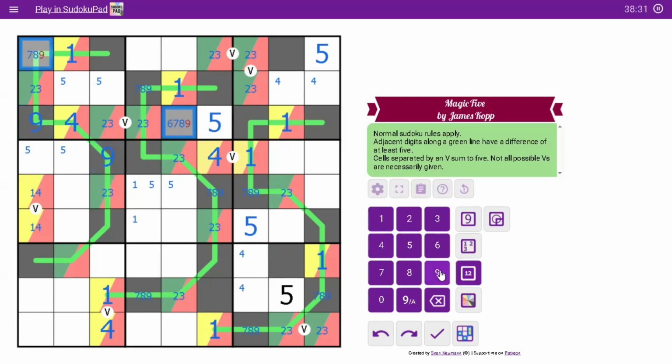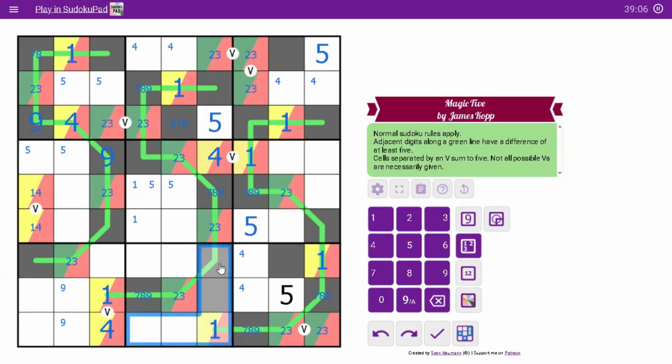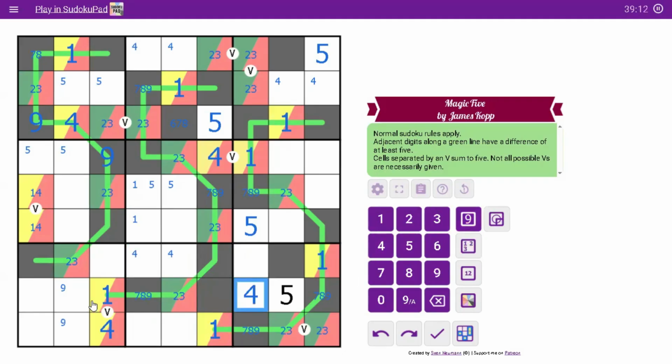Let's get rid of nine from there. Putting a nine in one of these two. We know this is a 2-3. Okay, so the four is in one of these two positions. The four is in one of these two by Sudoku, which takes out a four from here. So that's a four.